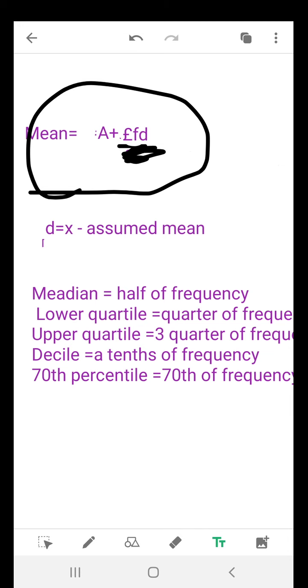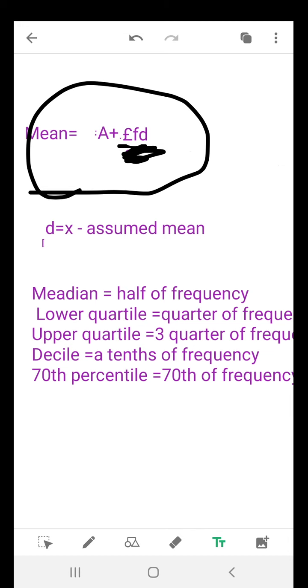We know in Form 2 we calculated the mean the normal way, using summation of fx over summation of f, for both grouped and ungrouped data. When we are given ungrouped data, just the numbers with no frequency, we just add all the values, then divide by the number of those values.